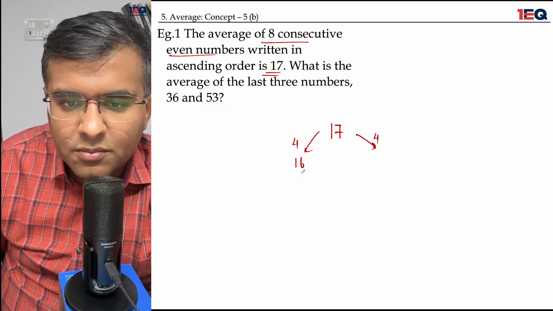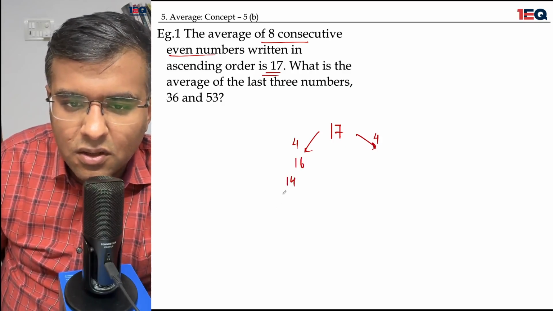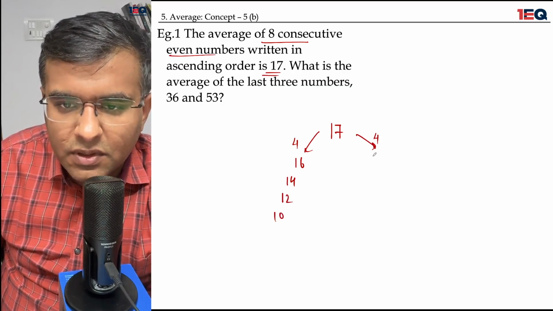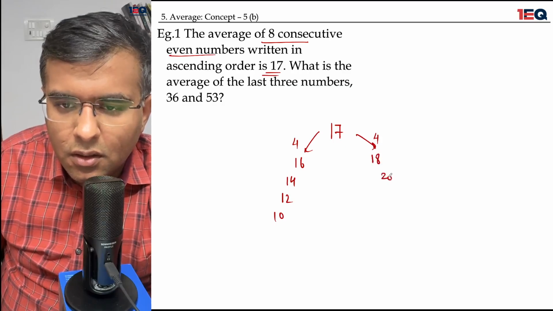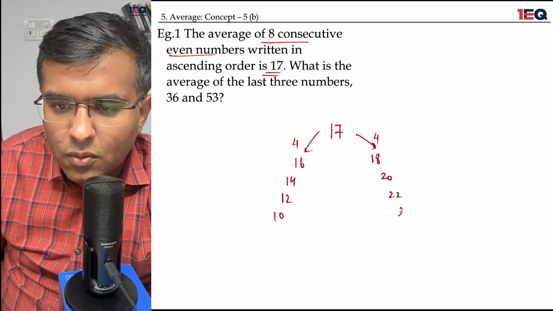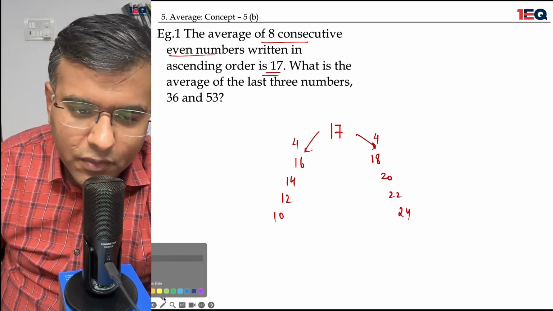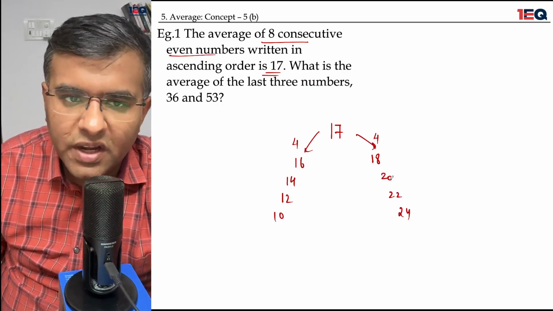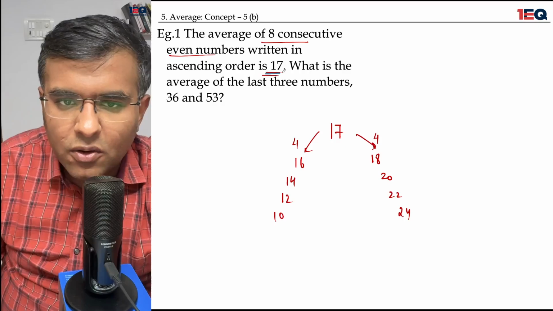They are even numbers, so they're going to be 16, 14, 12, 10, and similarly 18, 20, 22, 24.